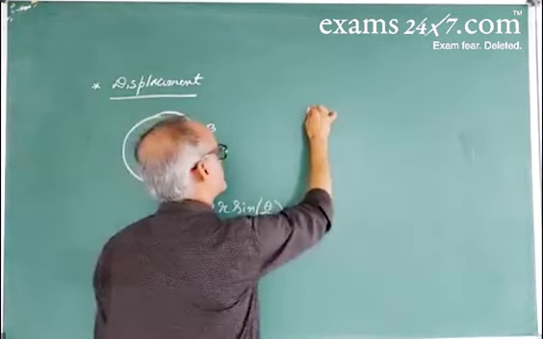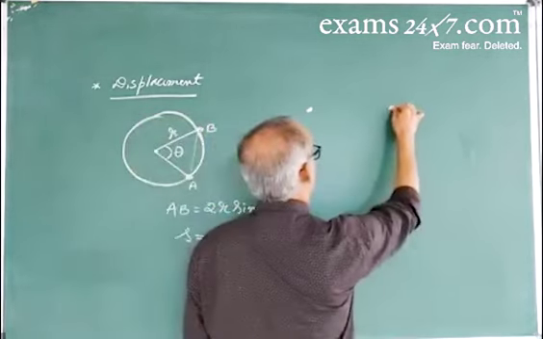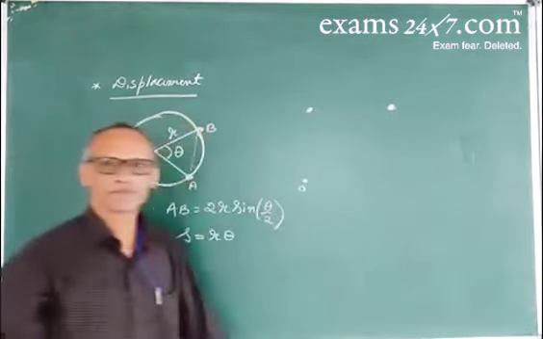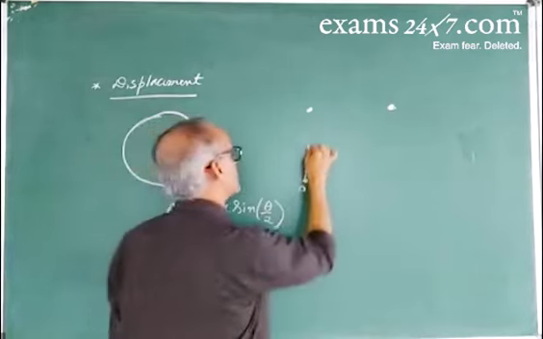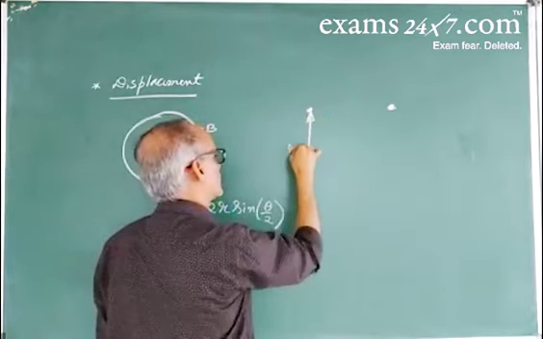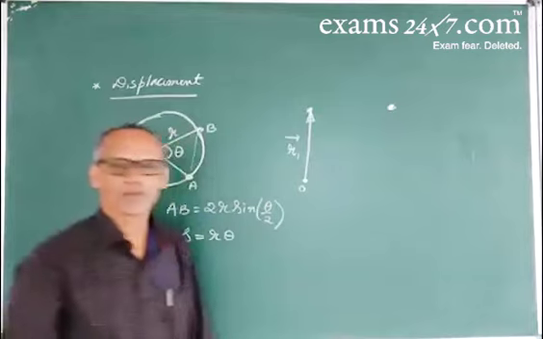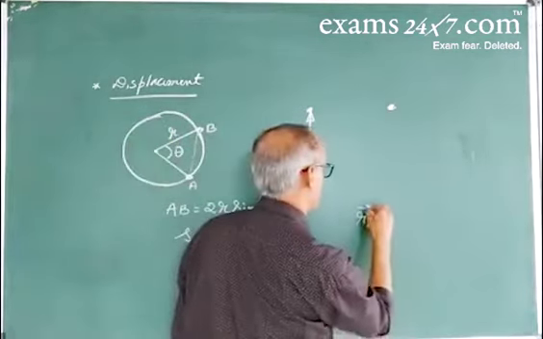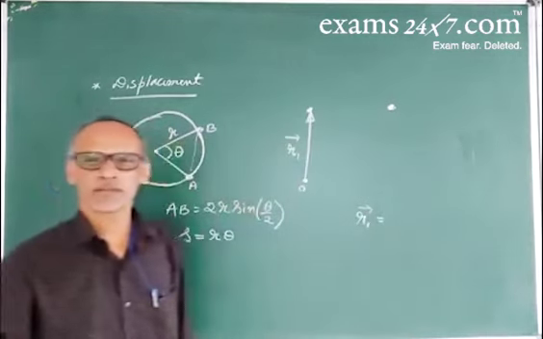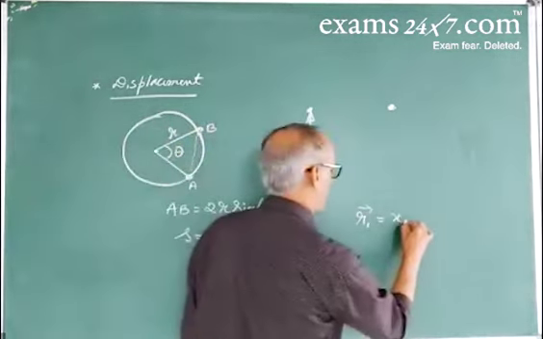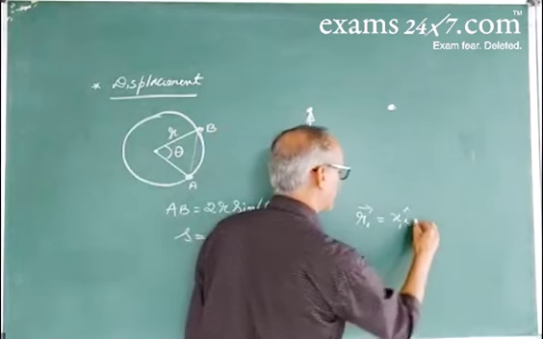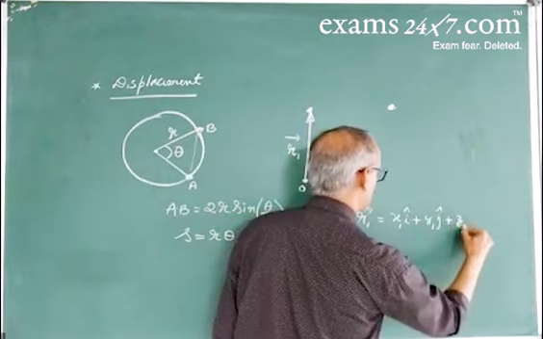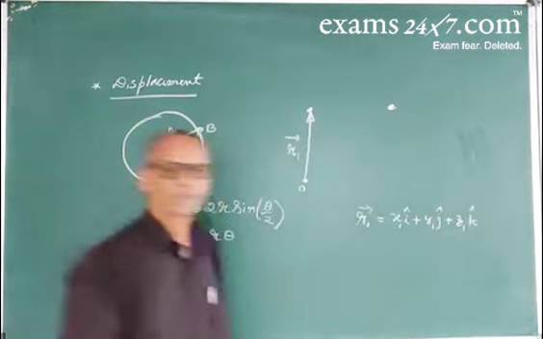Suppose if the particle moves from one point to another point, and with respect to the origin, I can measure a vector which is called position vector, r1. And that r1 can be given in terms of the unit vectors, which is x1 i cap plus y1 j cap plus z1 k cap.